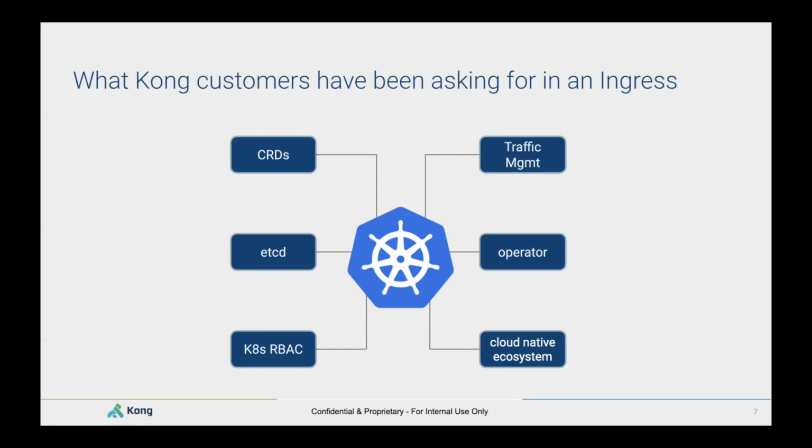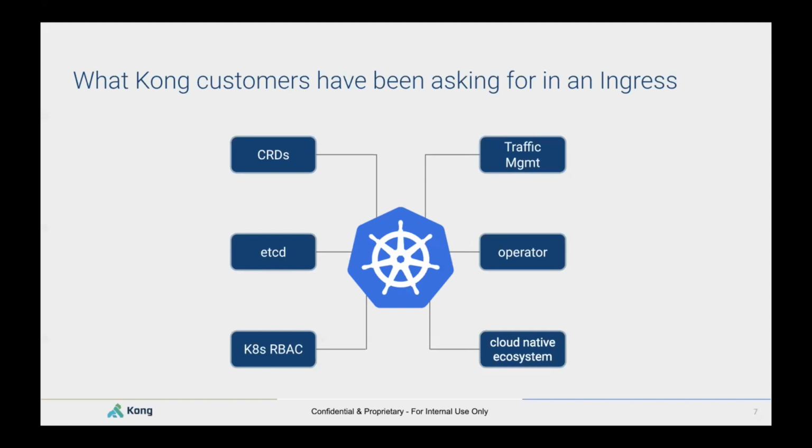That leads to a heavier weight environment. All state ideally should be managed the Kubernetes way and through etcd. Third is the ability to manage access to that Ingress and configuration access control through Kubernetes RBAC. Again, more Kubernetes nativeness.